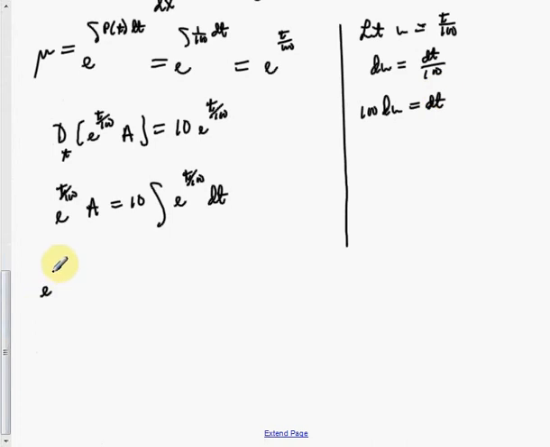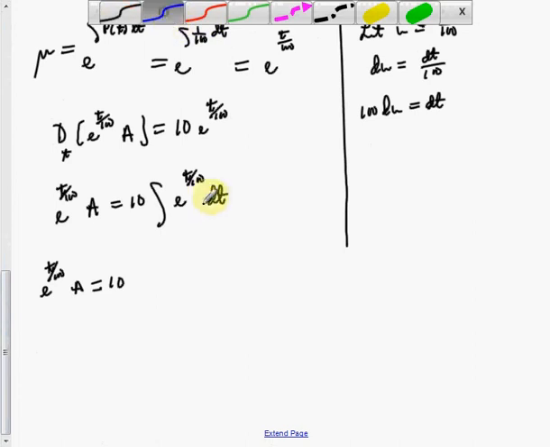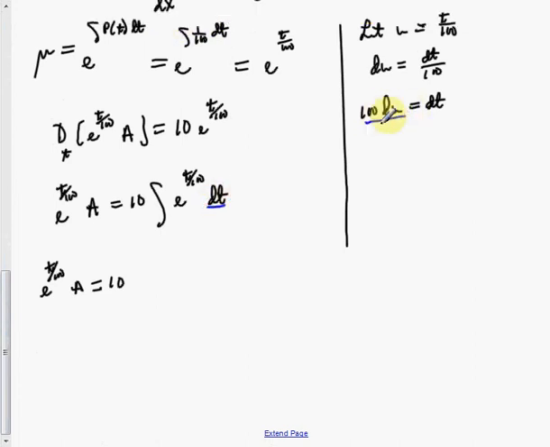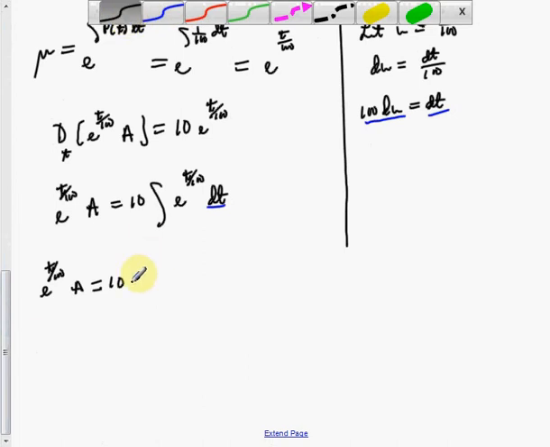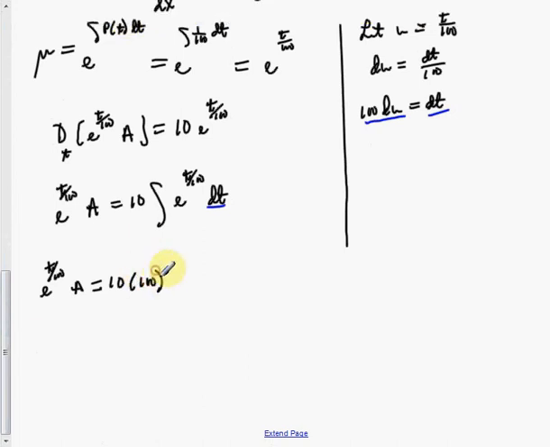So the left side stays the same, e to the t over 100 times A is equal to 10 times that dt is being represented by 100 du, right? So this is times 100. It's the integral of e to the u du.